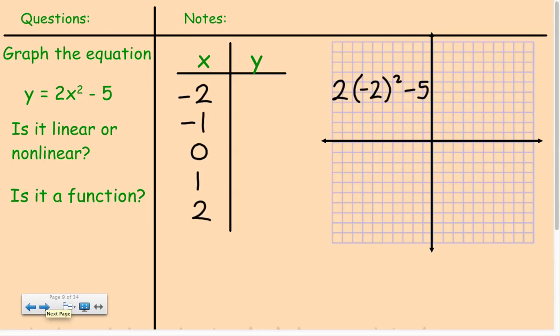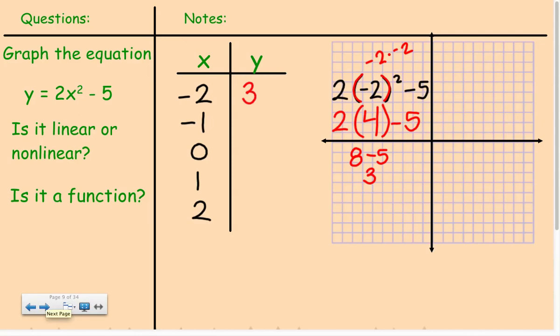Well, PEMDAS has parentheses first. I've just got the -2 in my parentheses, so there's no more simplifying I can do there. Then it's exponents. So -2 squared is like -2 times -2, which would be a +4. Bring down the 2, bring down the -5. 2 times 4 is 8. 8 minus 5 is 3. So that is my first y value.